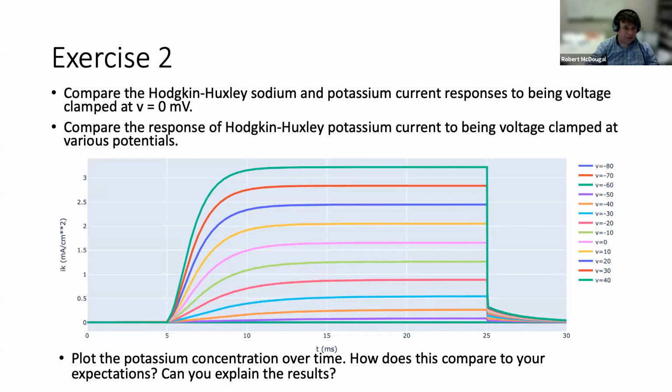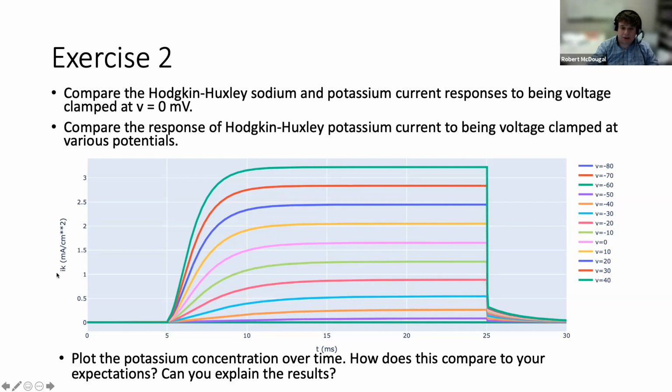For a second exercise that I want to talk about on Tuesday, do the same thing, but voltage clamp it instead. So don't use a current clamp. Use a voltage clamp and, with Hodgkin-Huxley, do the voltage clamps at various step clamps, and see what you get in terms of the amount of potassium current.